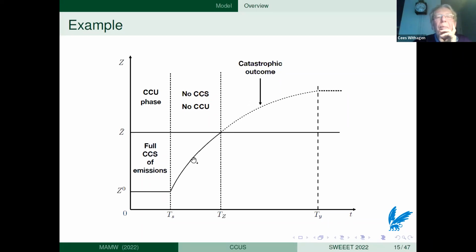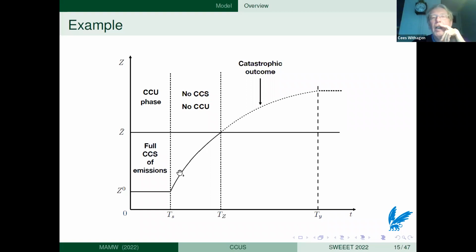Then we move up to the ceiling, to Z bar, in the interval T_S, T_Z. And then from that on, we have, for example, only insertion in inert wells. And then at some moment, renewables take over. So the question is, what is the optimal sequence of these activities? And also, what is the market going to do?